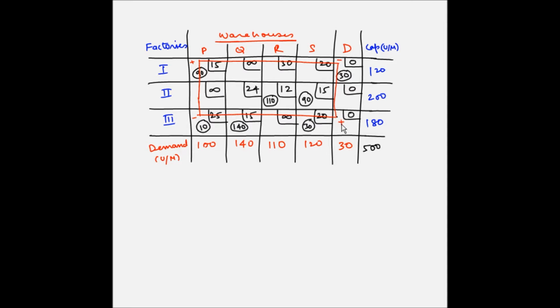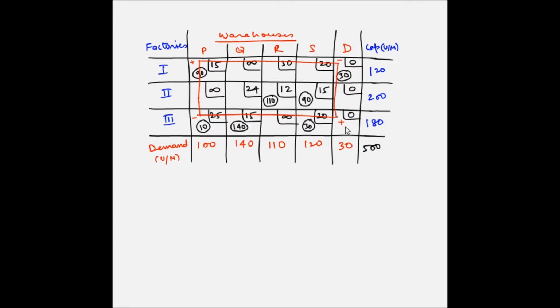Now we have to determine how much can we allocate to this square 3D. So we have to subtract the smallest of the figures from each square at the negative sign on the closed path. So the maximum we can subtract is 10 because we can't have a negative value.